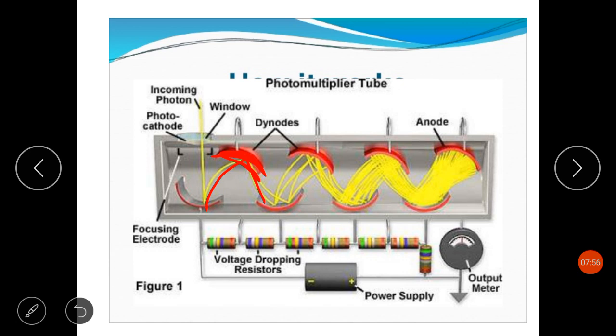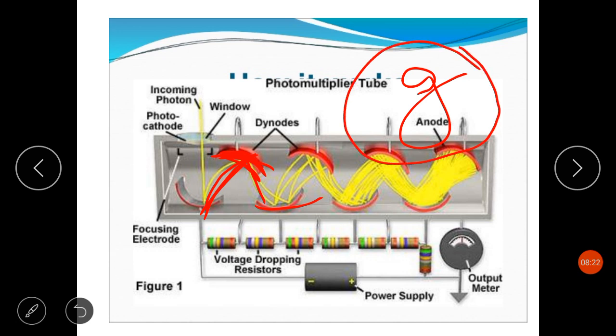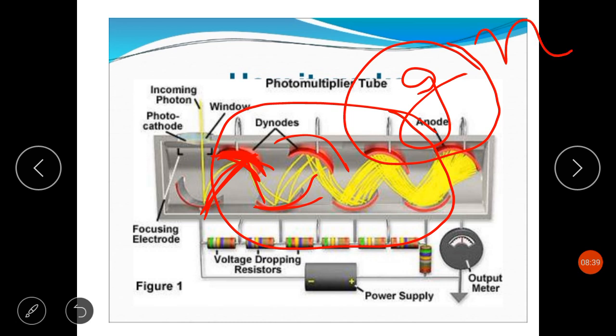Let the number of secondary electrons coming out of the diode surface when one primary electron strikes the diode be G. And let the number of diodes used in this glass chamber of the photomultiplier tube be N. Since G secondary electrons are emitted because of one electron striking the diode surface, the amplification at each stage of diode is G.